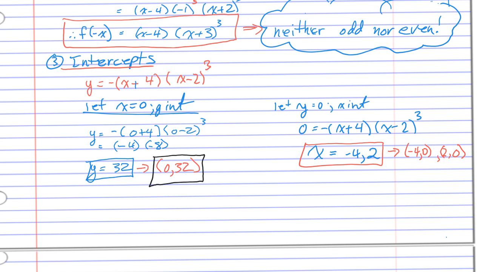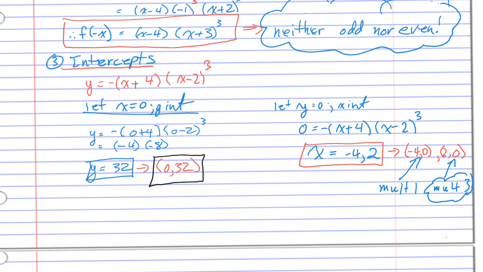Now, the x-intercept for 2, 0 and this one have different multiplicities. We will say the multiplicity of this one is 1, but the multiplicity of the 2, 0 is 3.